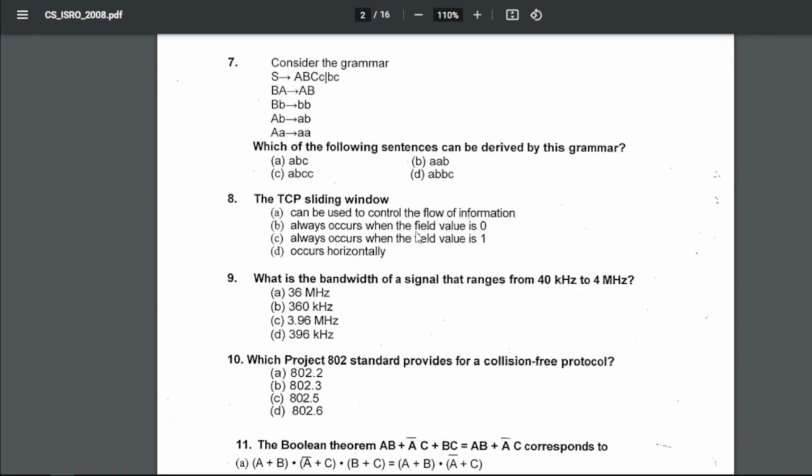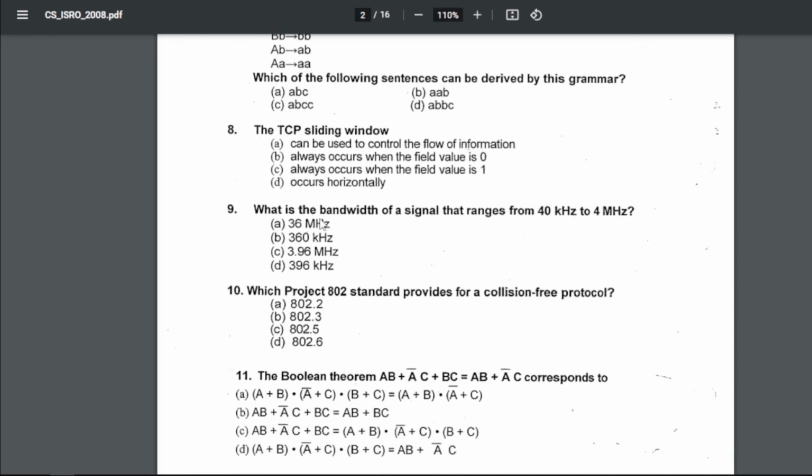In sliding window, the sending device can send all packets within the TCP window size without receiving an acknowledgement, right? The receiving device should acknowledge each packet it received, and after receiving the acknowledgement from the receiving device, the sending device slides the window to the right side. So option A will be the correct answer for that.